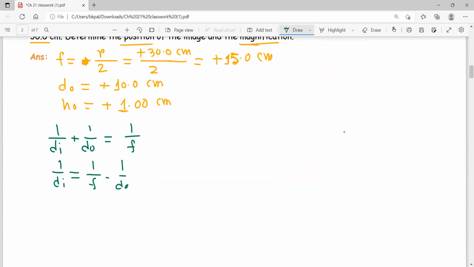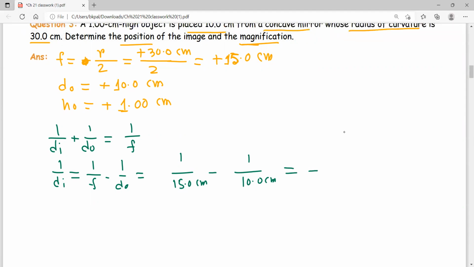This gives us 1 over 15 centimeter minus 1 over 10 centimeter, and this term gives us negative 0.033 inverse centimeter. So you see that this is 1 over DI.